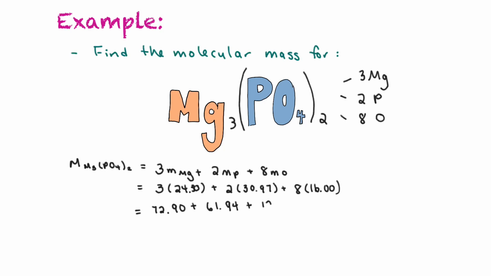So that's 128.00. Now we need to add those values together, and you should get a value of 262.84 atomic mass units.